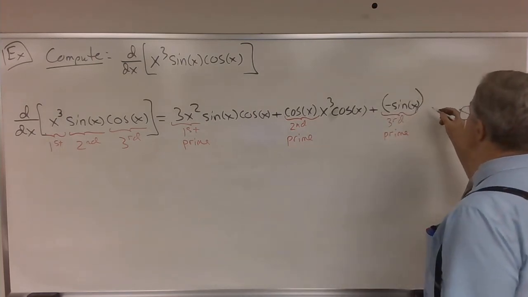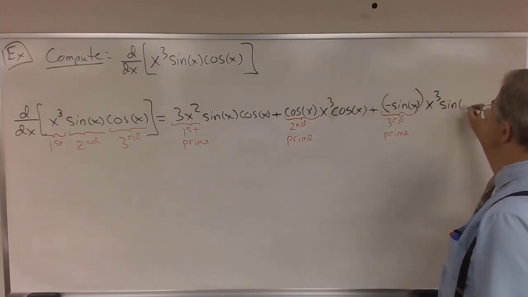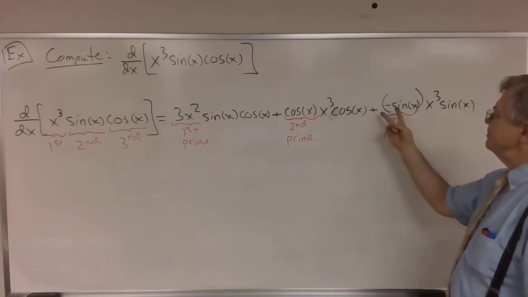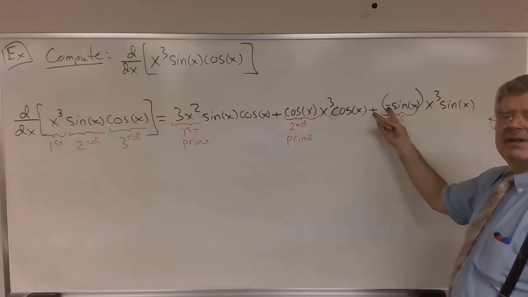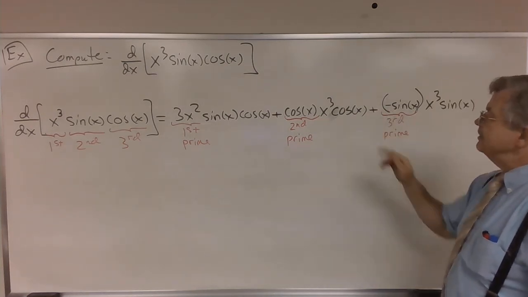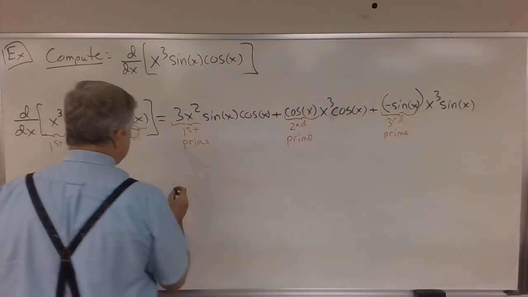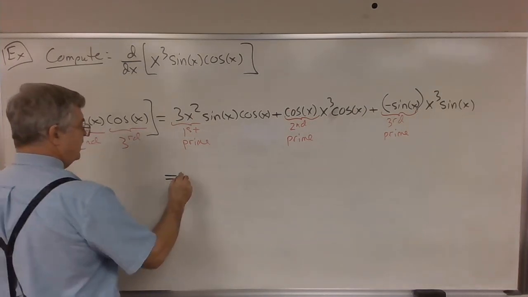So that's the first and second. So x cubed sine of x. And here, I guess I'd write it out just so that I could simplify having two different operators, plus and minus, next to one another. And maybe also so that I could get the polynomial out in front. Typically, we put polynomials first and trig functions second.